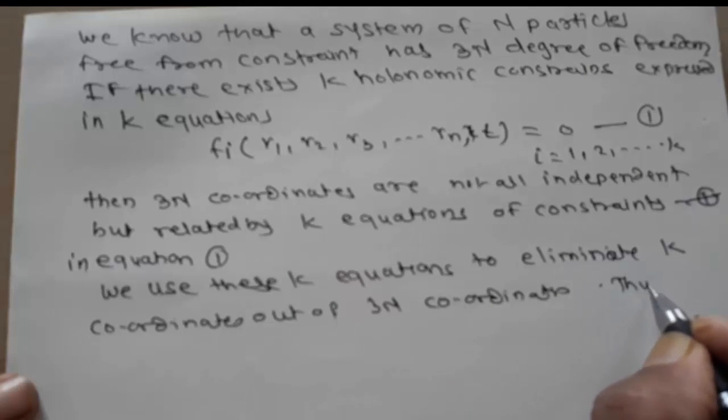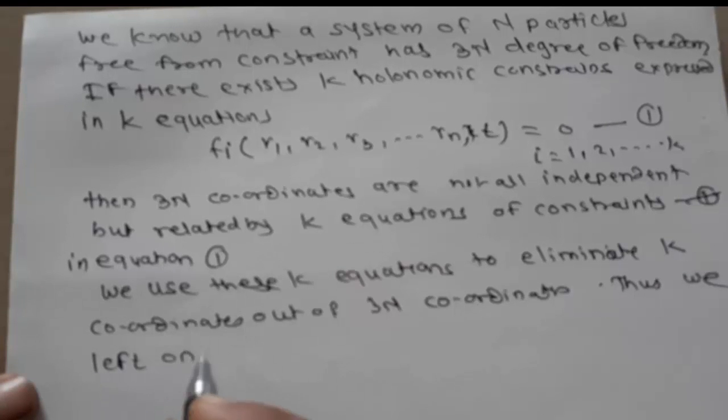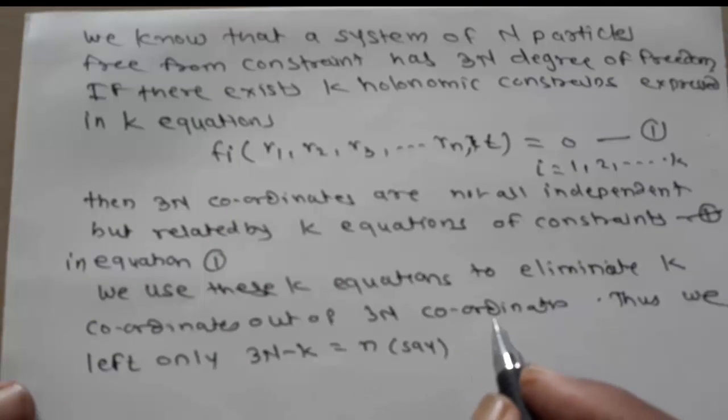Thus, we are left with only 3n minus k, equal to n suppose, independent coordinates.